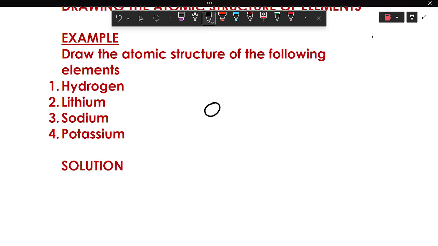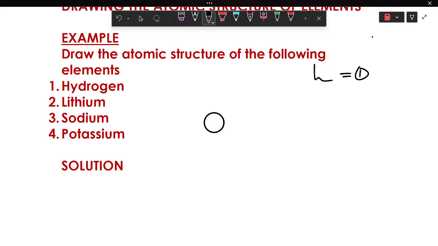I think I'm drawing eggs, right? This one and then this one. Okay. Perfect. So the thing is, hydrogen. What's the atomic number of hydrogen? 1. It's 1.